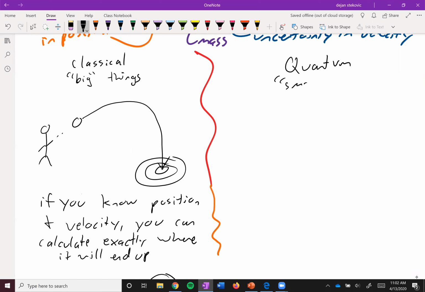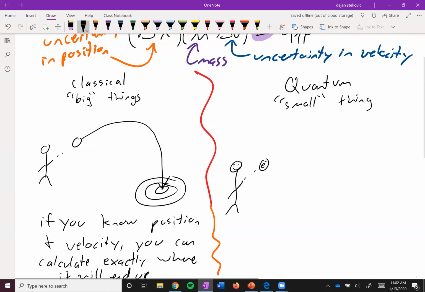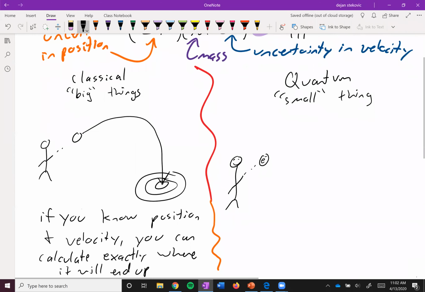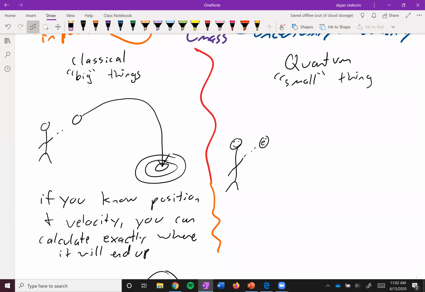So a small thing. This is an analogy. Obviously, you can't shrink yourself down that small, but let's say you tossed an electron. Now we have uncertainty in its position and its velocity. We can't know both exactly.